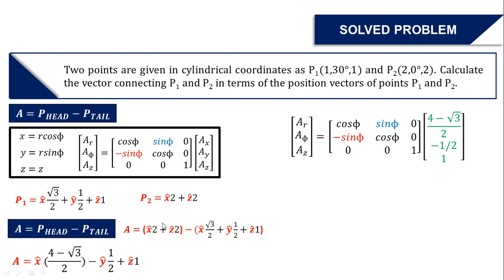Dahil nakuha na natin yung ating vector in Cartesian coordinates, ibabalik na natin siya doon sa cylindrical. So, how do we do that? We use our formula in transforming Cartesian coordinates into cylindrical coordinates. Okay, so, same pa rin. So, hopefully, natatandaan nyo pa yung method or yung steps in transforming these coordinate systems.